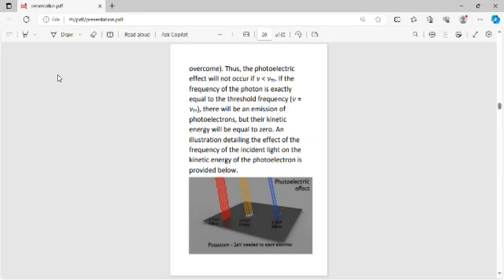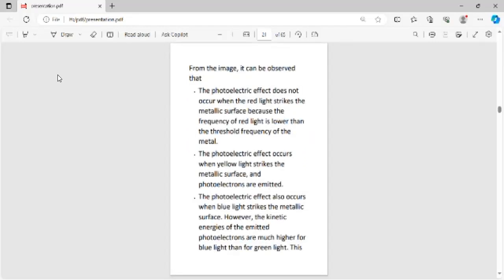An illustration detailing the effect of the frequency of the incident light on the kinetic energy of the photoelectron is provided below. From the image, it can be observed that the photoelectric effect does not occur when red light strikes the metallic surface, because the frequency of red light is less than the threshold frequency.